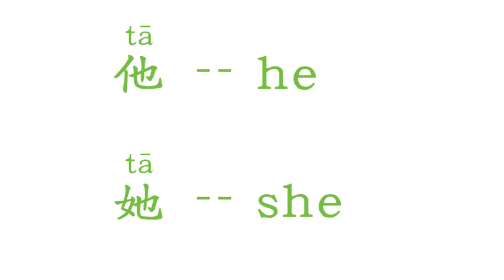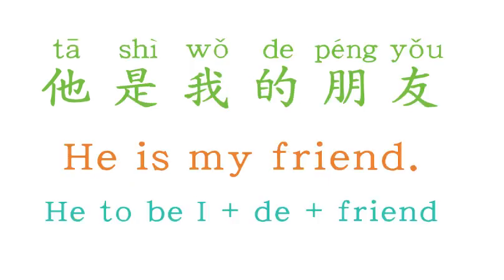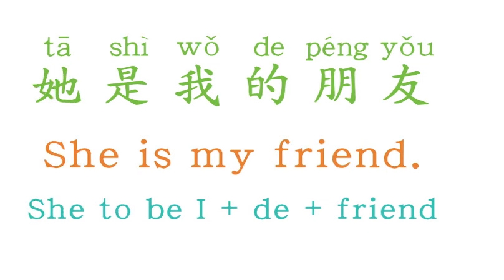So, to say a sentence, he is my friend, we say 他是我的朋友. And to say she is my friend, the sentence sounds exactly the same as he is my friend. That is, 他是我的朋友.